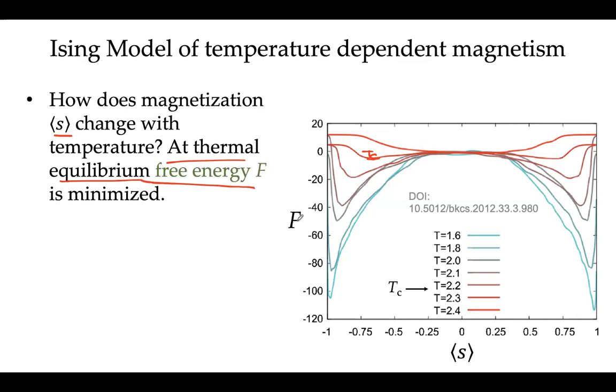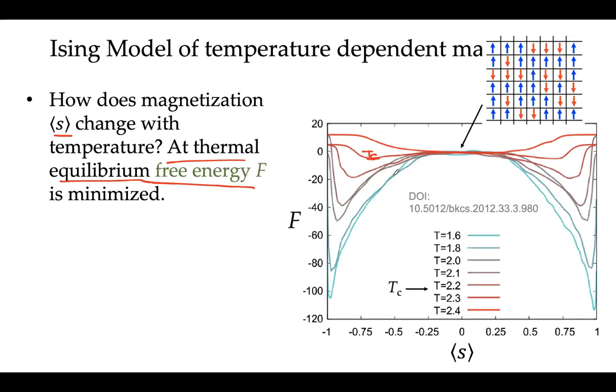You can see that F has minima at different positions depending on the temperature. So, for example, if you are at high temperature, let's say above TC, you are on this curve. This is the free energy.